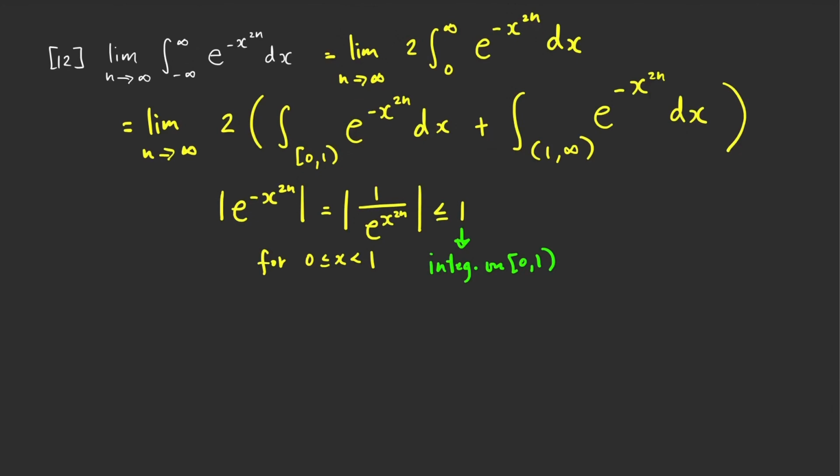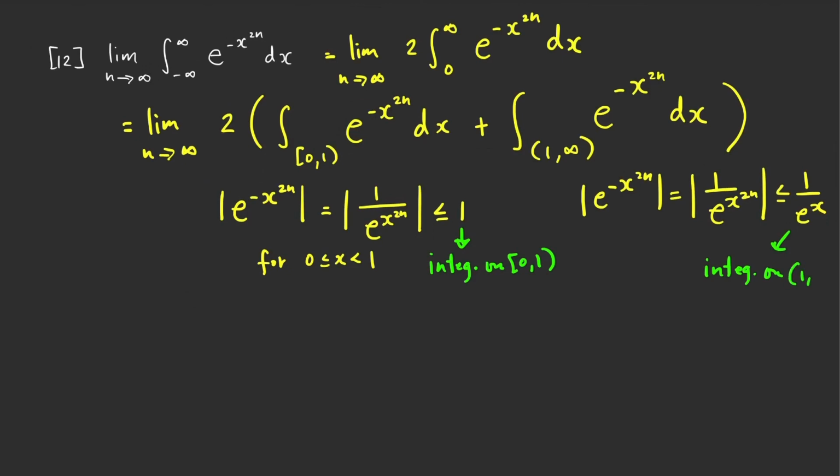So for the second integral, we also have the absolute value of e raised to negative x raised to 2n. Again, this is equal to the absolute value of 1 over e raised to x raised to 2n, and this is less than or equal to 1 over e raised to x. It is easy to show that this one is integrable on the interval 1 to infinity.